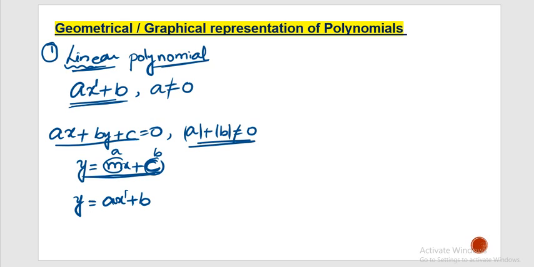Now this linear polynomial I need to represent graphically. Here I compared it with y since we need x and y, because we are going to plot the graph in the xy plane, that is the Cartesian coordinate plane, where we have the x-axis as well as the y-axis.